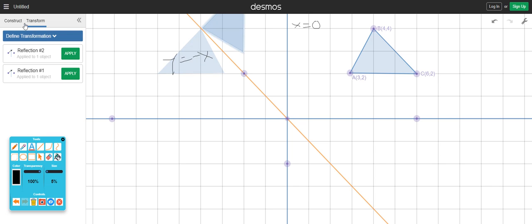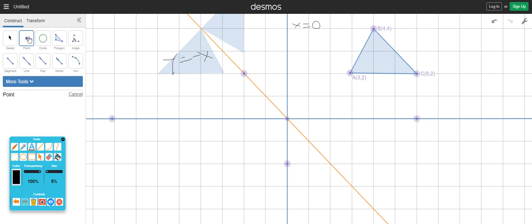I'm just going to use one of the points as an example. I am going to look at these points. So I've reflected this over x equals 0. And right here, this is my A prime. I've reflected it one time, so that's why it's prime.